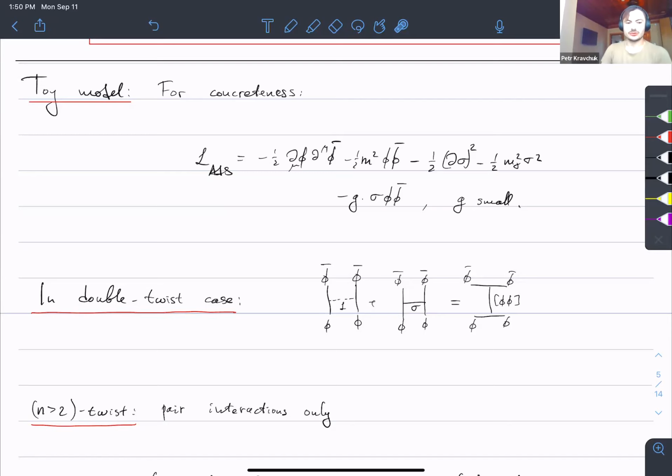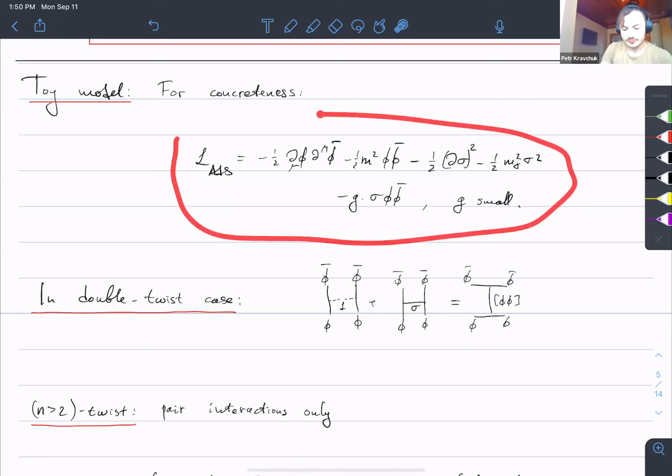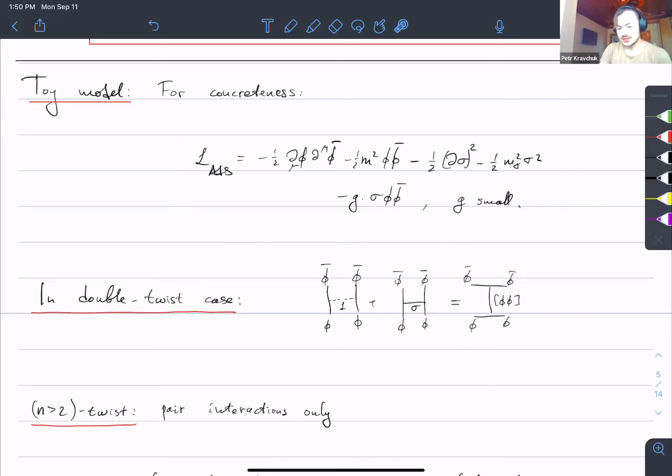Well, let me first comment on this. One way to view this model is that, say you did a light cone calculation just for the double twist case, where you did this crossing symmetry idea or the inversion formula, where in one channel you included the exchange of the identity operator.